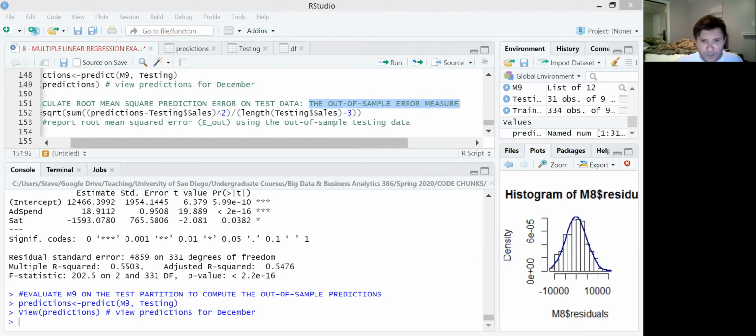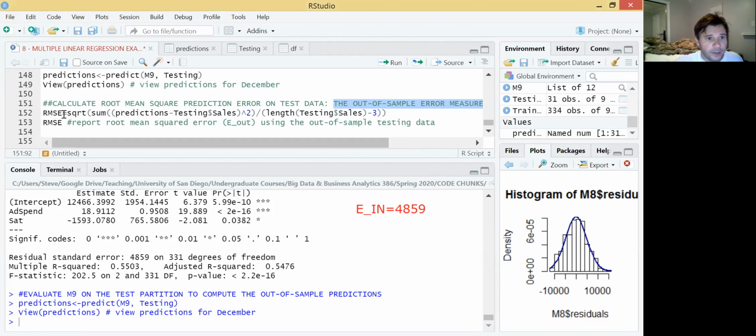Again, let's remember we had an in-sample error of 4,859. So if we calculate our out-of-sample prediction error, let's look at this line 152 carefully. We're measuring how far the prediction is from the actual value in the test data. So that's the actual value of sales on a day in December. We're measuring how far the predicted value is from that, and then we're squaring it.